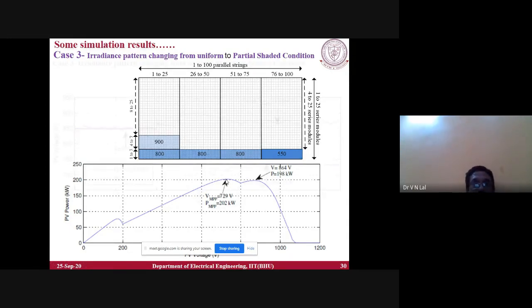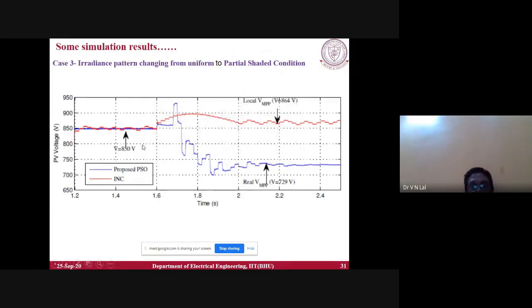Now, the previous condition was uniform irradiance of 1000 watt per meter square, standard test condition, and the maximum power point voltage was 850 volt, already settled. Incremental conductance is the red one, and the blue one is the PSO method.